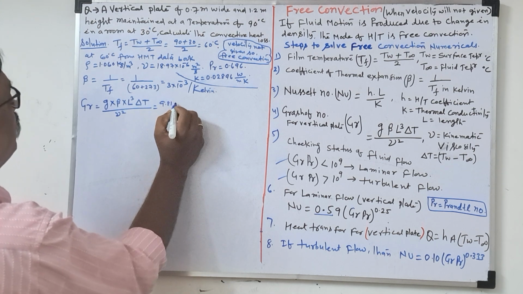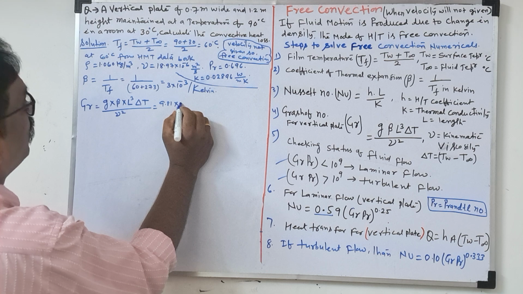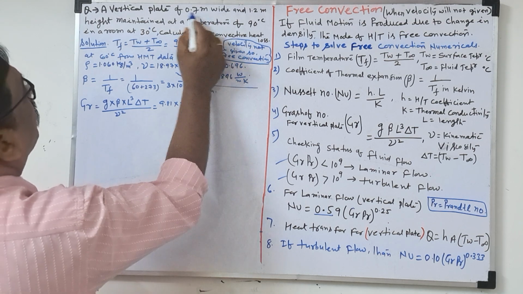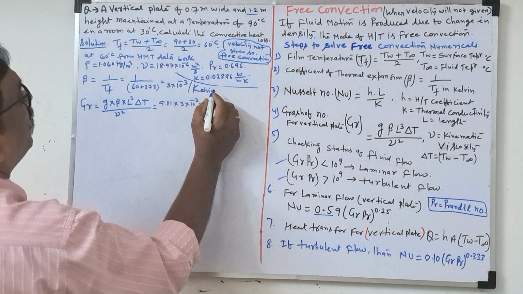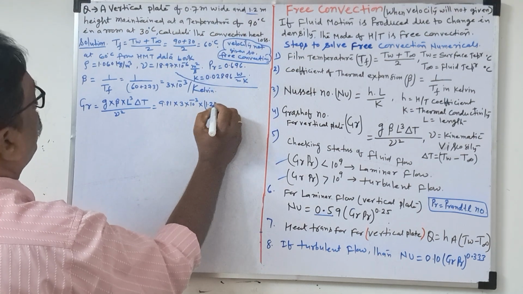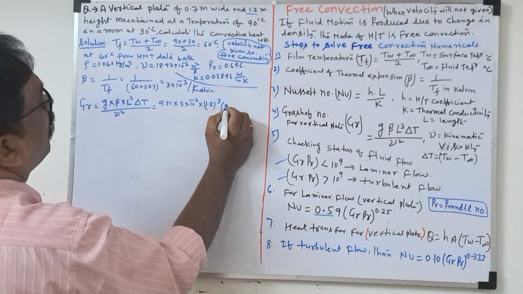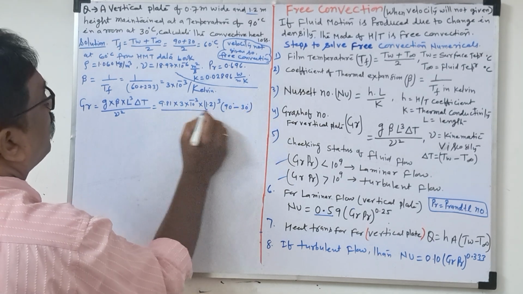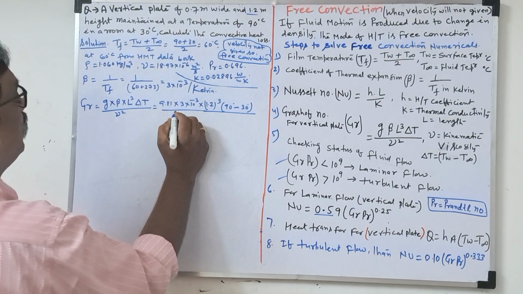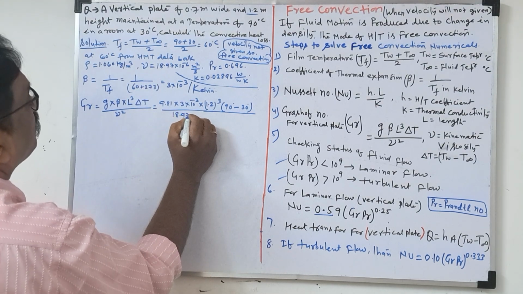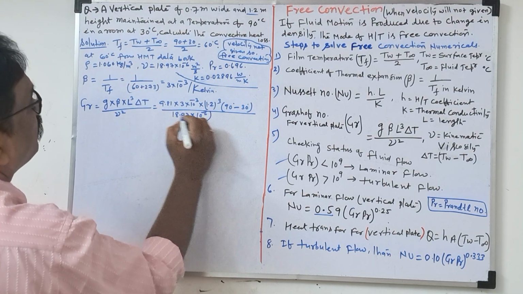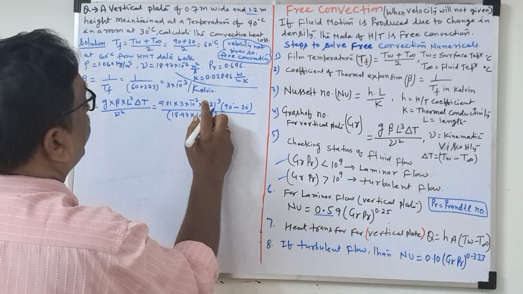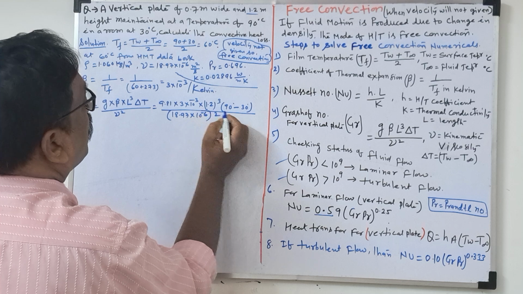This is 9.81 into beta, which we just got, 3 into 10 power minus 3, then length 1.2 meter to the power 3 into (90 minus 30) degrees, divided by the kinematic viscosity 18.97 into 10 power minus 6, whole squared.